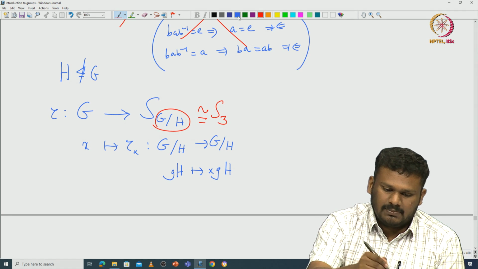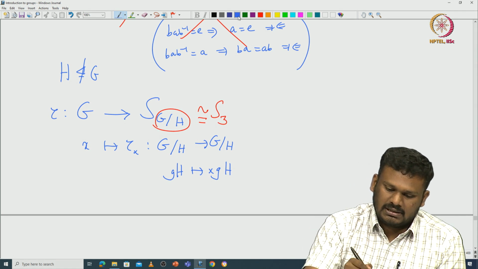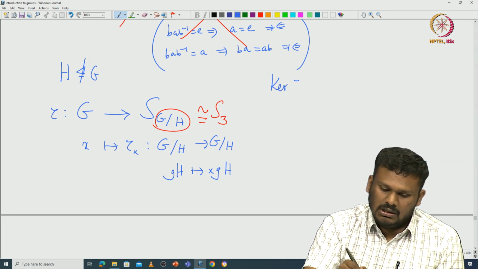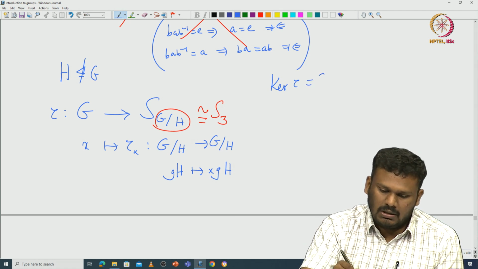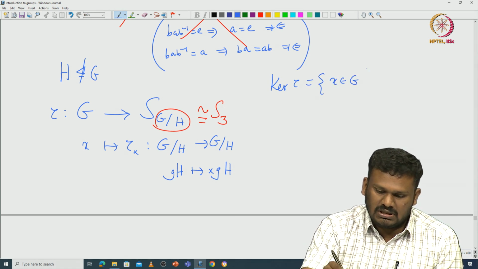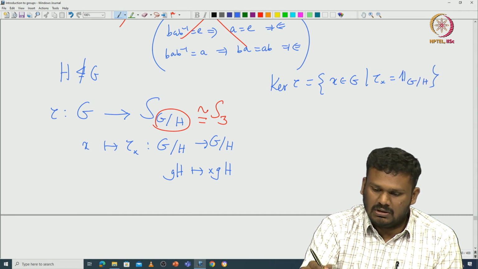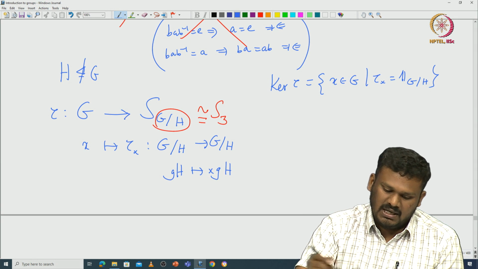So, now look at this map tau and just check what will be the kernel. The kernel of tau is going to be those x in G such that tau x is identity on G modulo H. But what is the meaning of tau x being identity?